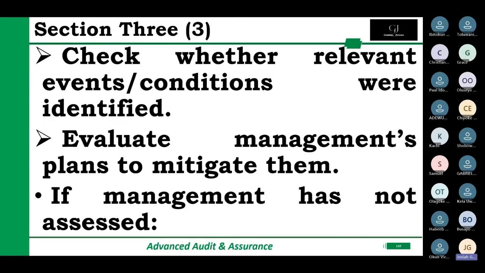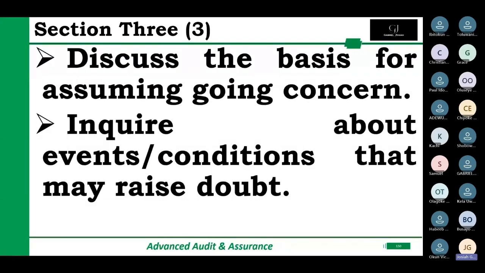He also needs to check whether relevant events and conditions were identified by management, and also evaluate management's plan to remediate, resolve, and mitigate these issues. So if management has not assessed any going concern issues, then he needs to discuss the basis for assuming the company will continue on the going concern basis.